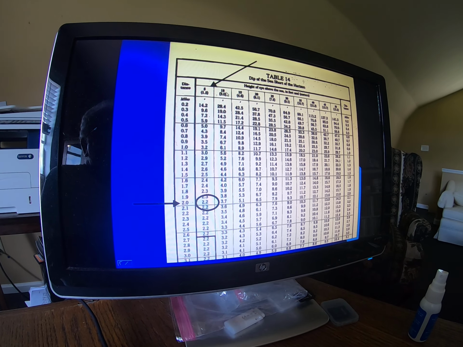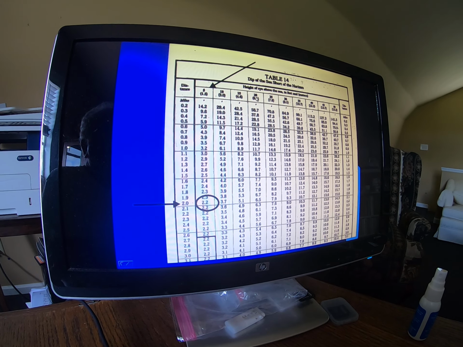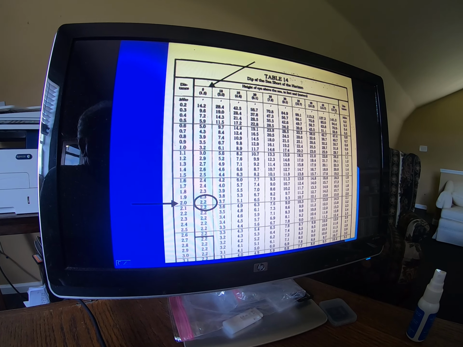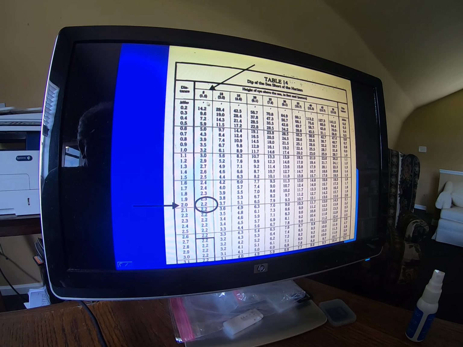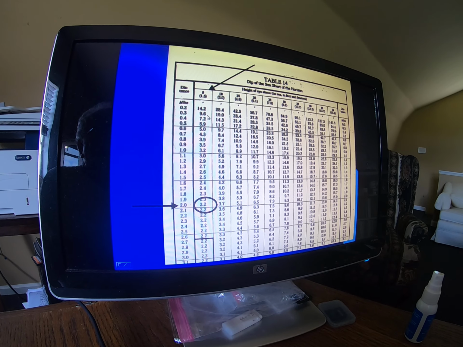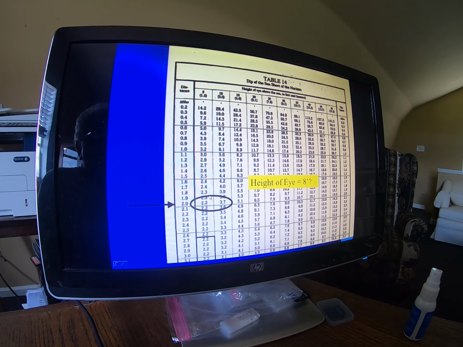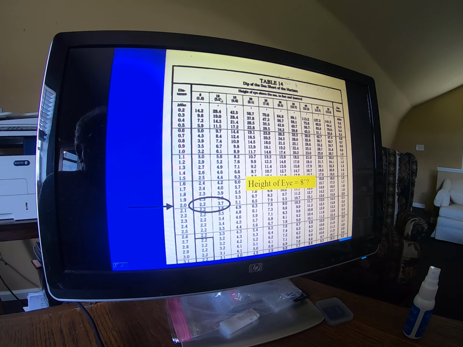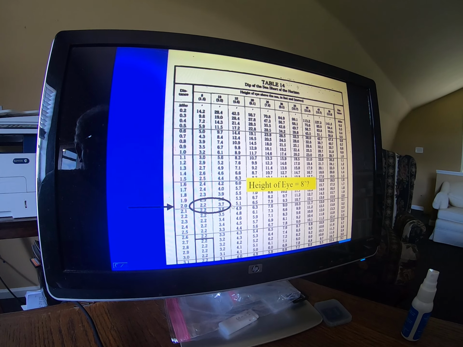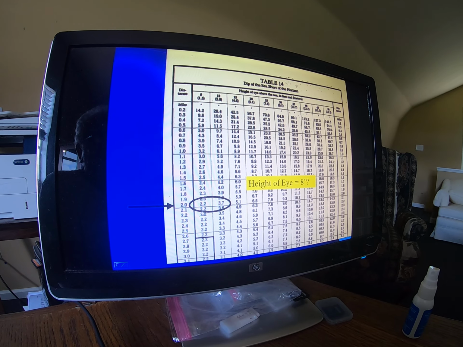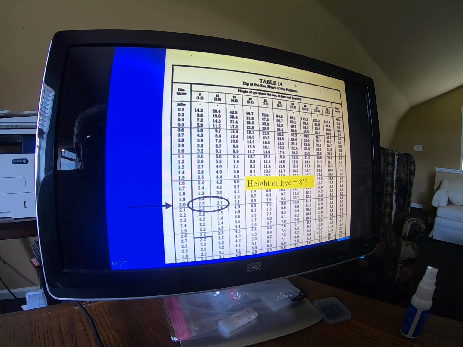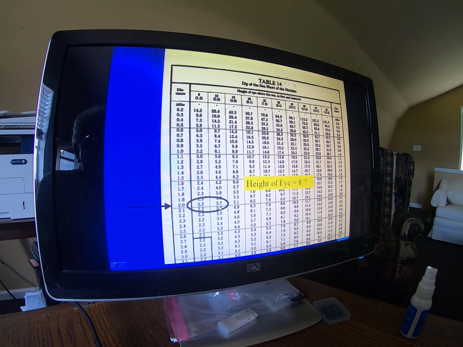Now, here is 10 feet, 15 feet, 20 feet, down here to 50 feet if you're sitting on an aircraft carrier or whatever. So the question then becomes, what if your height of eye is 8 feet? Well, you're going to have to take 5 feet and 10 feet and then interpolate the difference, 2.2 to 3.7.